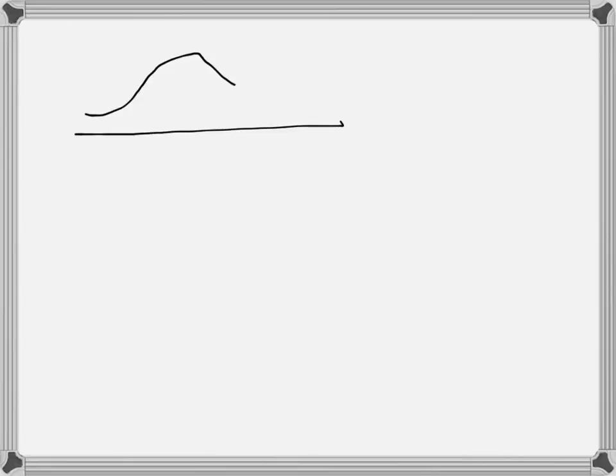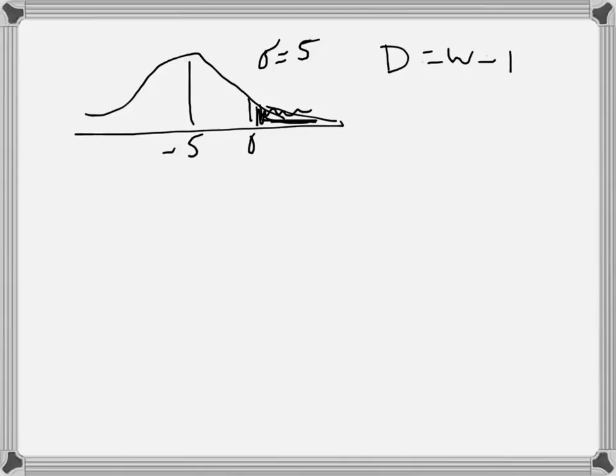So what I get out of this here, this bell curve has a mean of -5, standard deviation of 5, which we found using the Pythagorean theorem of statistics. And since we want to find the probability that one randomly selected female is going to be greater than one randomly selected male, the way I had it, D equals W minus M. If this difference is positive, then I'm going to have the case where the female is greater than the male.